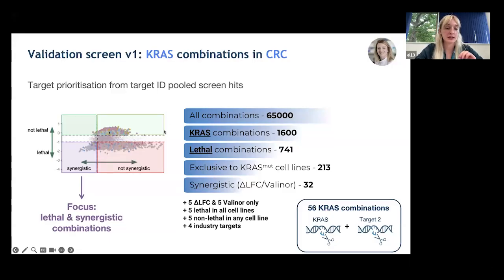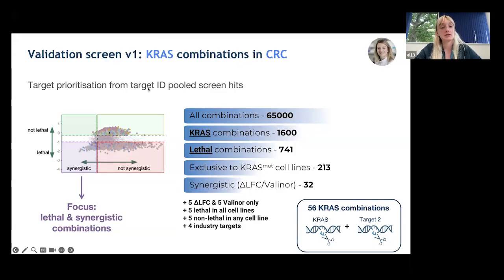So this just means that we're selecting combinations that have KRAS plus a secondary target. And this decision was made based on biology. So these cells are KRAS dependent. And there are drugs available that target mutant forms of KRAS for treatment of colorectal cancer. So already we have narrowed down that list from 65,000 to 1,600.